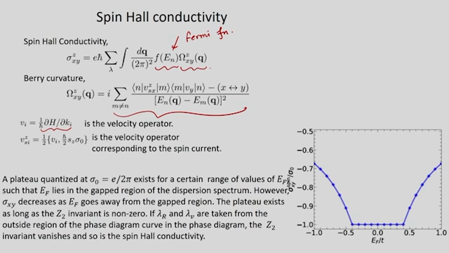So, for Vx you take del kx, and for Vy del ky. The only thing that is important is that this is the velocity operator, but that is not what is used here. You use the spin velocity with the z component, which requires one to calculate the anti-commutation relation of these quantities.